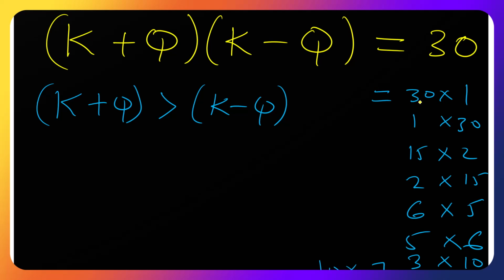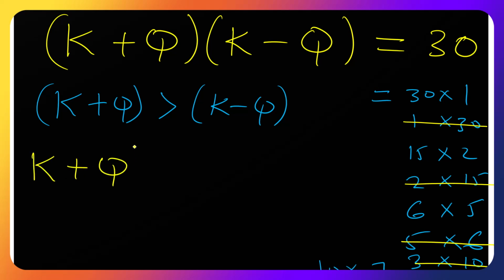So 30 corresponds to the k plus q, so this one will stay and this one will vanish. 15 is more than 2. 6 is more than 5. This one will vanish. So 10 and 3. So these are the pairs. Okay, let's look at the pairs.